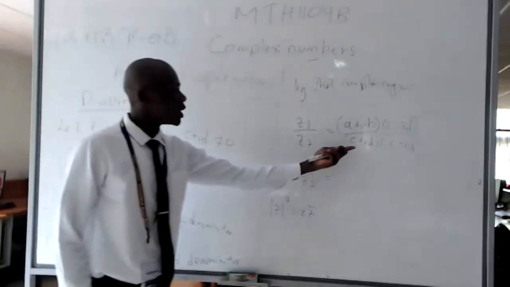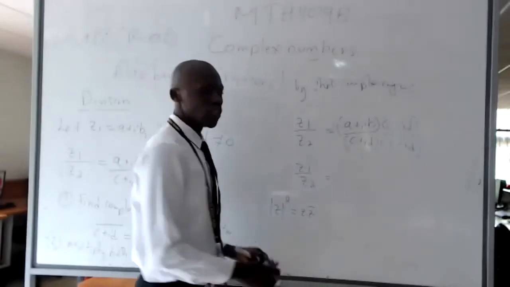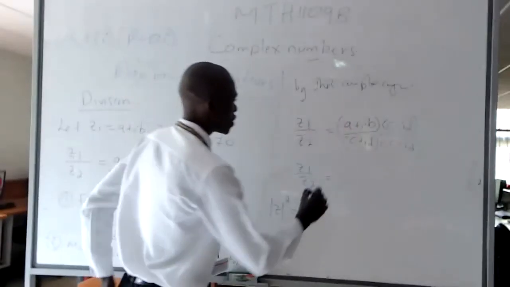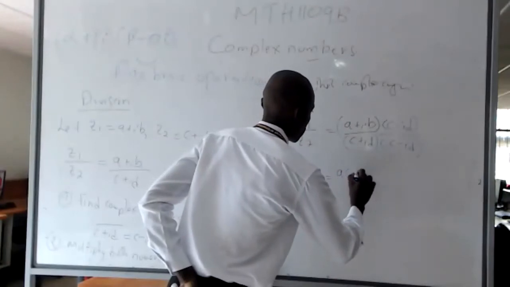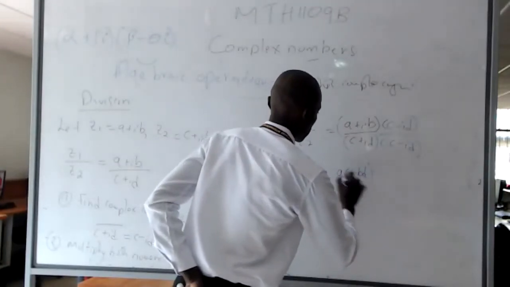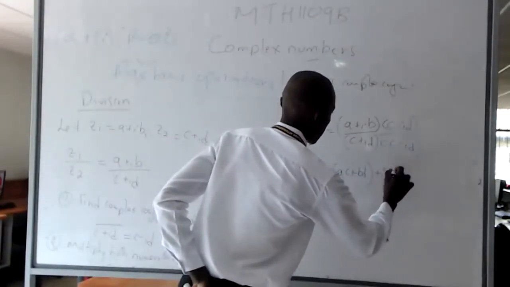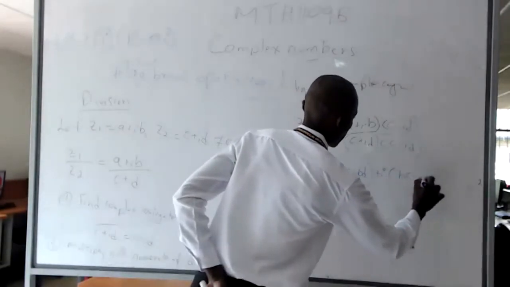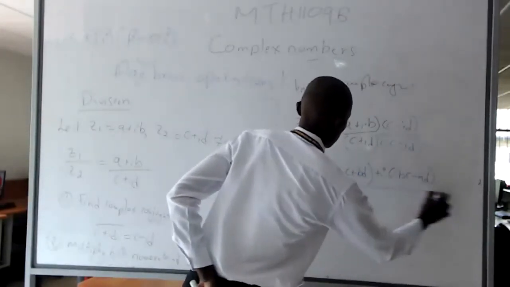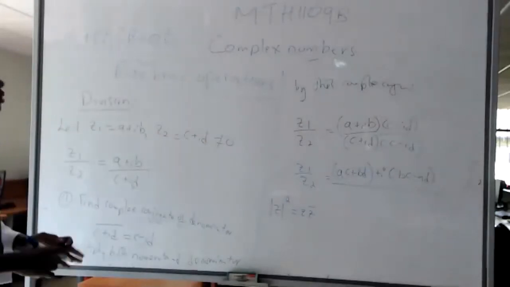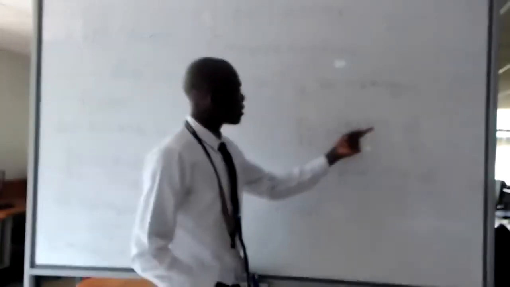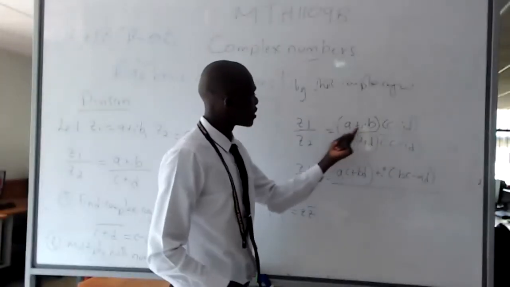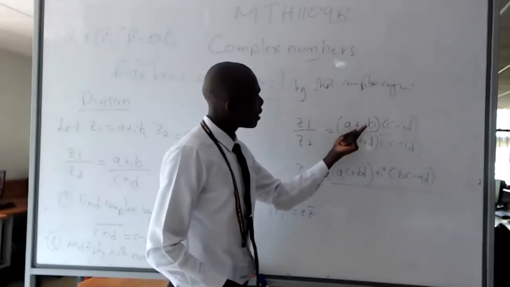Notice that in the denominator, so what we will have in the numerator, after usual multiplication, you will have AC plus BD plus I into BC minus AD. So if you do what we did before in multiplication, take what is in the first bracket, A times C plus A times minus ID plus IB times C plus IB times ID.